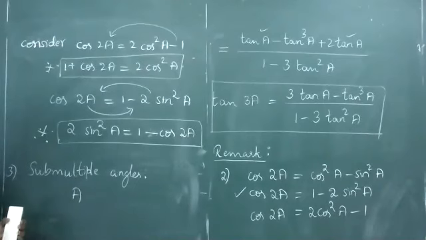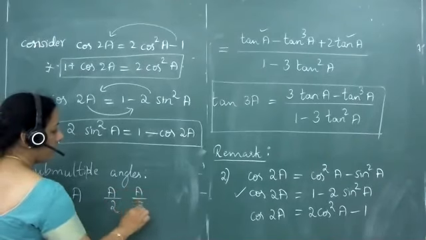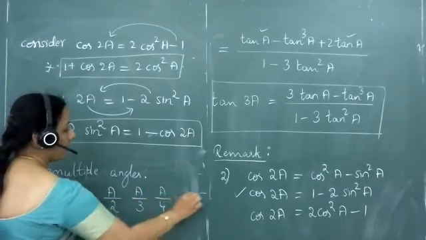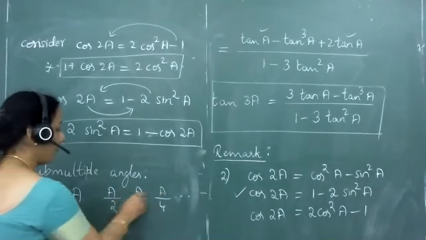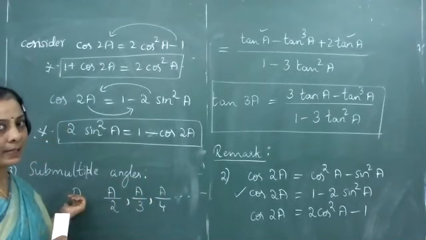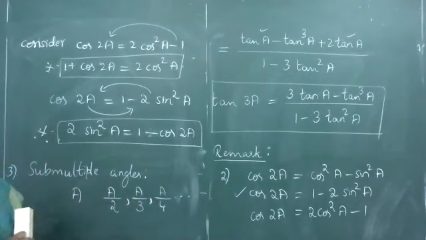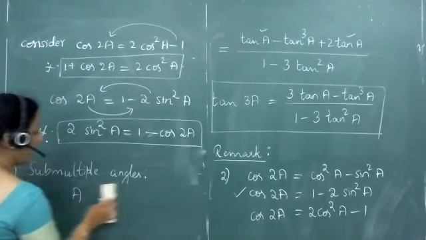So for any given angle called A, A by 2, A by 3, A by 4, 3A by 2, etc. will be referred to as submultiple angles. You will be taking the fraction of the given angle. When we consider the fraction of the given angle, we are getting what is called a submultiple angle.